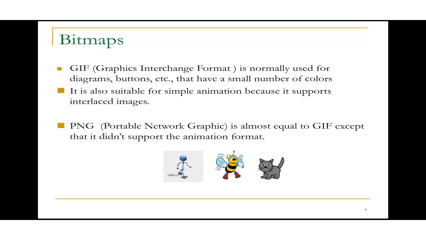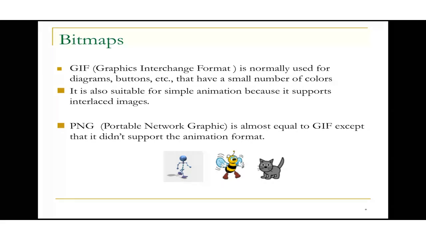That's what we're calling interlacing. So it first displays just a few details of the image, and then continues to add more and more, and finally displays every detail of the image.